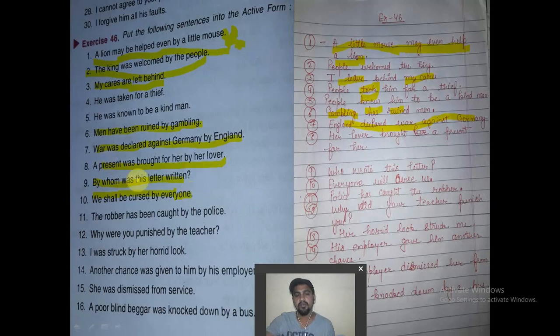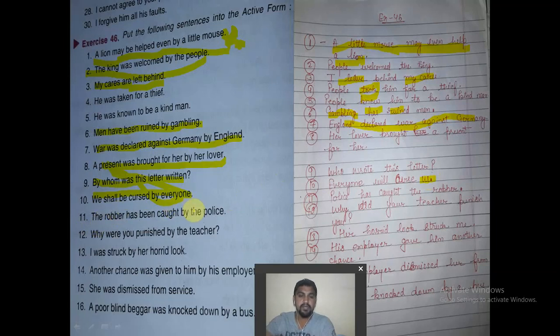So everyone, when it is used in the beginning as a subject, will take will as a helping verb, and be is to be omitted in the passive form. That is why we simply write the first form of verb, curse. And we, which was the subject of the passive form, becomes the object of the active form, and in the object's place we is changed into us. Remember that.